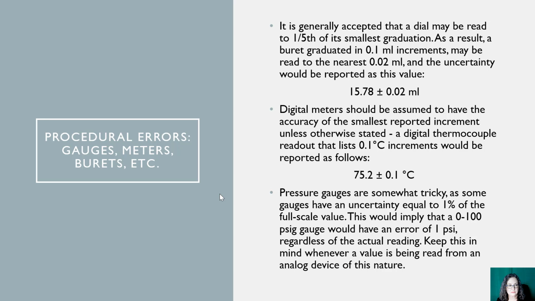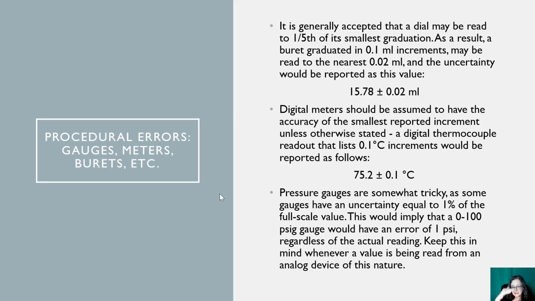So those procedural errors. Generally accepted is that you can read 1/5 of the smallest graduation if you really, really look at it. So you're reading a burette, and it's a nice tiny little diameter there, and it's in 0.1 milliliter increments.